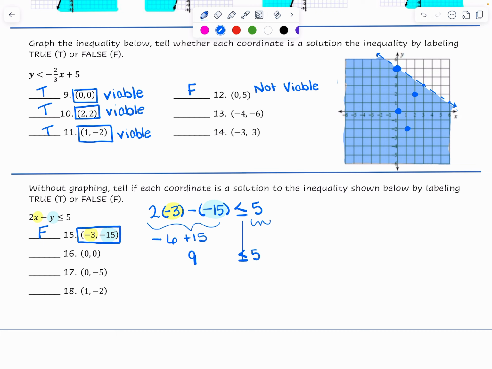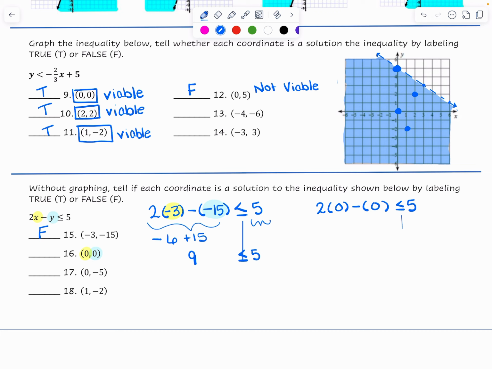Okay, so let's go ahead and try that one more time. So now I have 2x minus y is less than or equal to 5. This time I am going to substitute in 0 for x and 0 for y. So I've got 0 and 0.